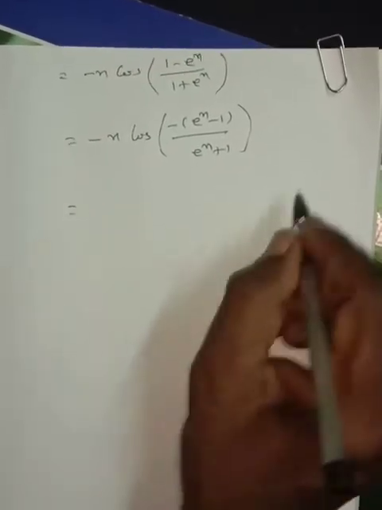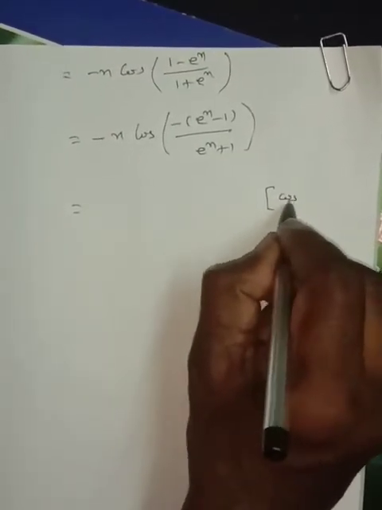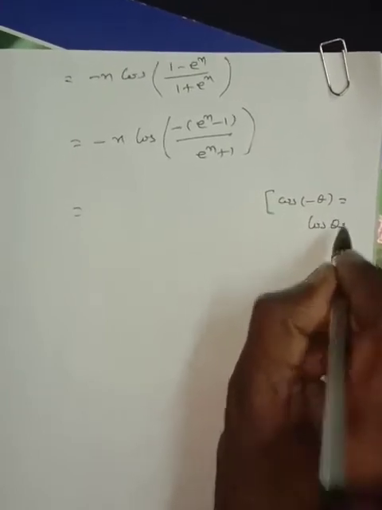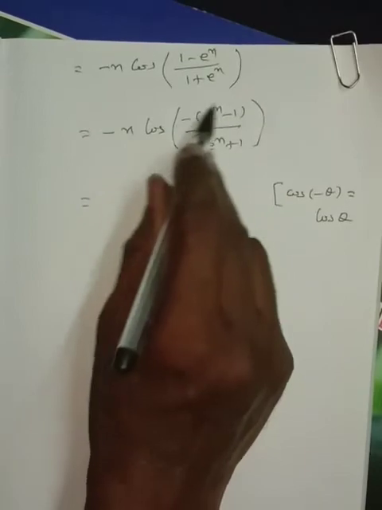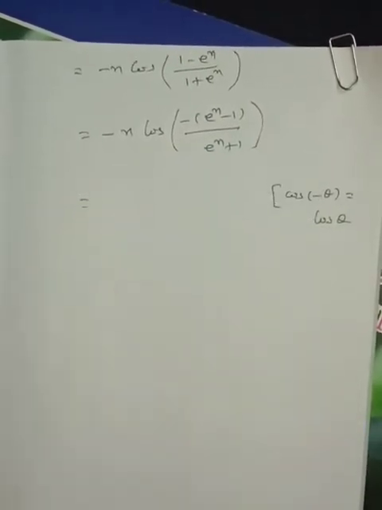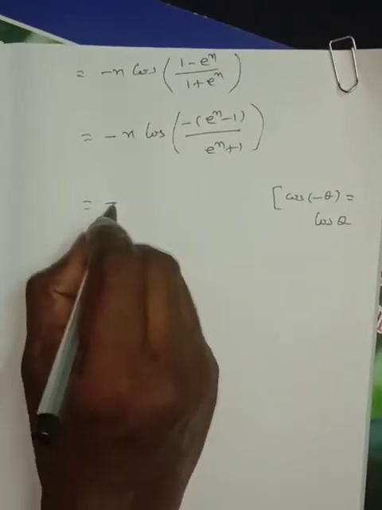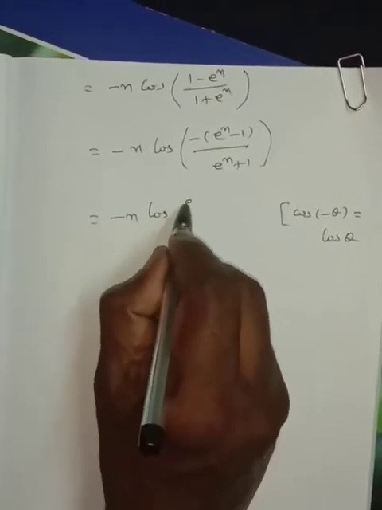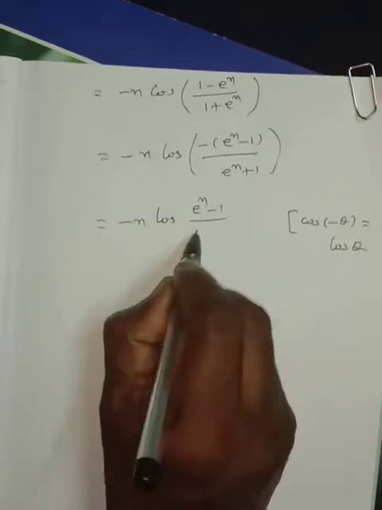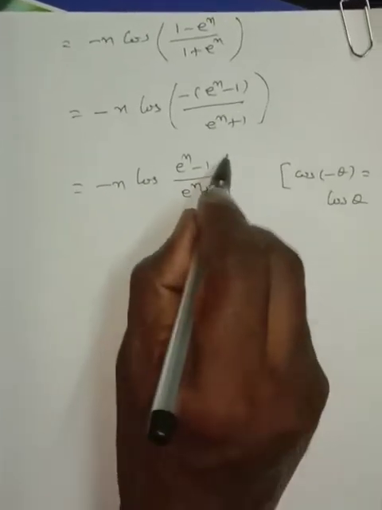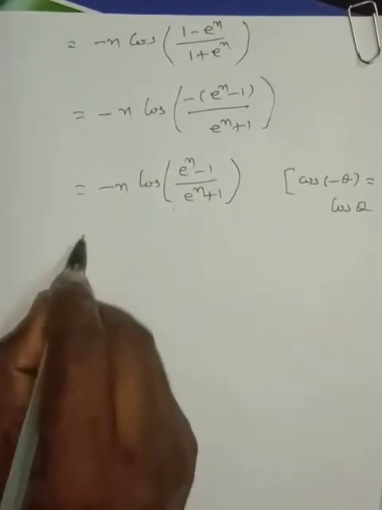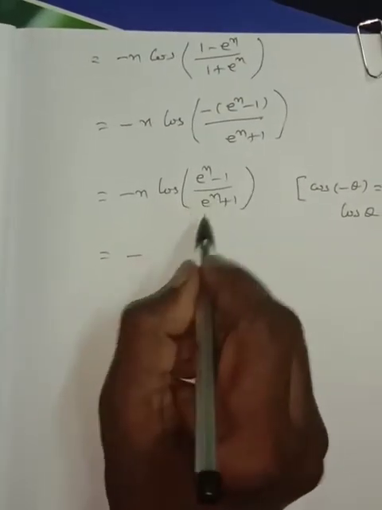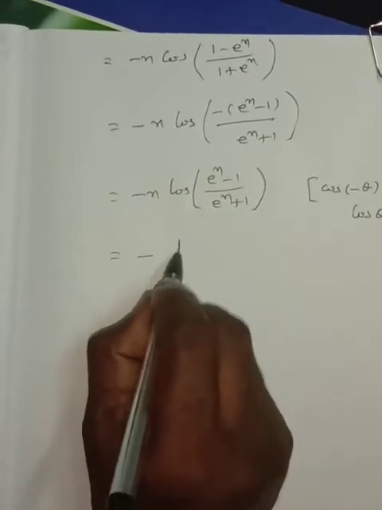Next, we know that cos of minus theta is cos theta. Therefore, minus x cos of e to the power of x minus 1 divided by e to the power of x plus 1 is f of x.